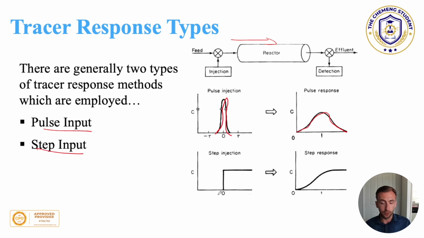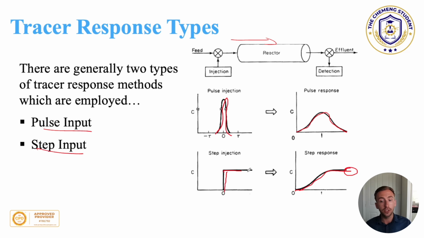A step input, on the other hand, is one in which we put in the tracer, but we keep the concentration the same. So we keep adding in the tracer. And that then means that the response, so the step response, will increase from time zero up to a certain point, and then it will taper off, because at this point the concentration becomes constant.